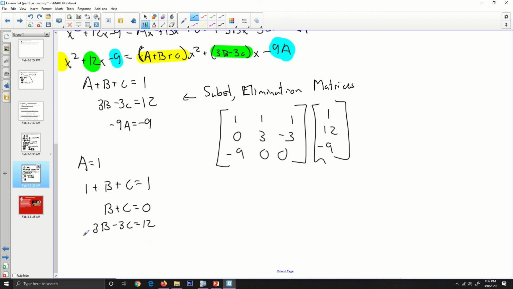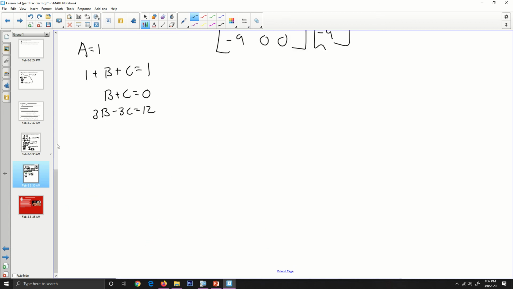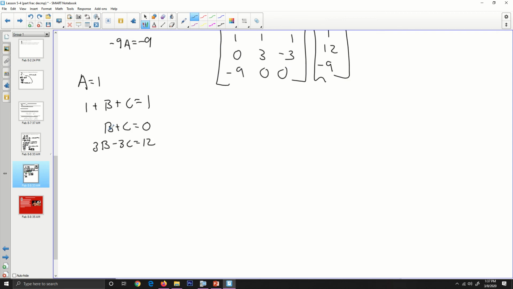All right, so if that's true, I could do an elimination, and I could multiply this by 3 and say 3b plus 3c has to equal 0. And now I can solve this and say 6b has to equal 12 because my c's cancel out. All right, and then b would have to equal 2.